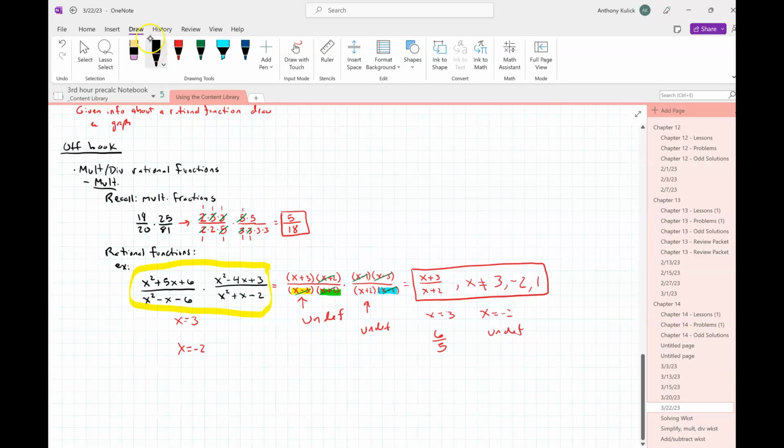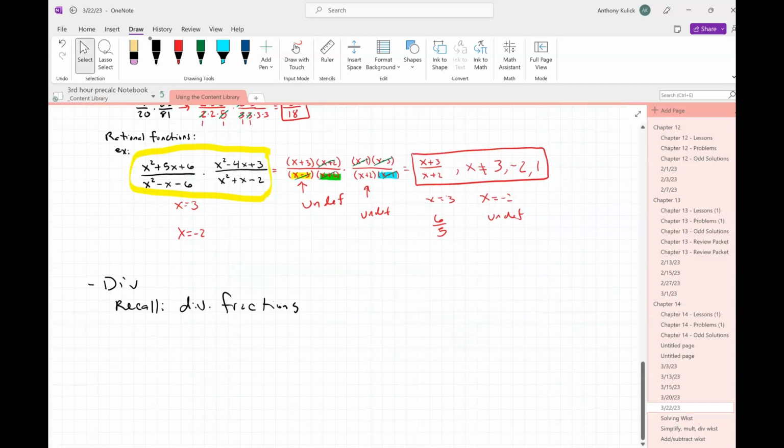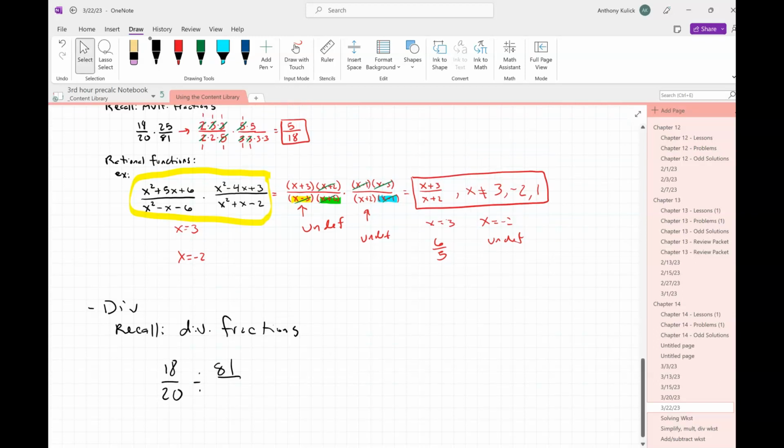Let's talk about division real quick. For the sake of argument, I'm going to pick something like this. How do we divide two fractions, going back to elementary school?